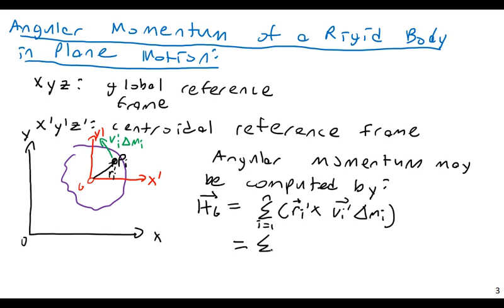I can simply replace this. That's not going to change. Sum over i equals 1 to n of ri prime crossed into, well, v is going to be the cross product of r omega. So omega crossed with ri prime times delta mi.